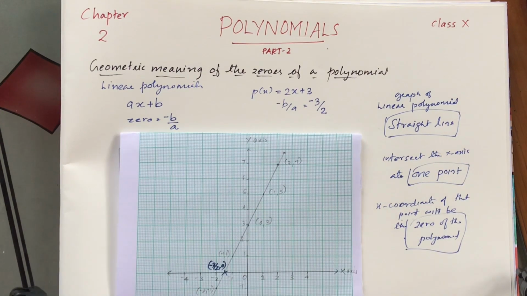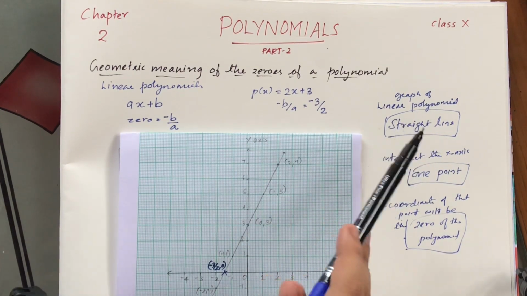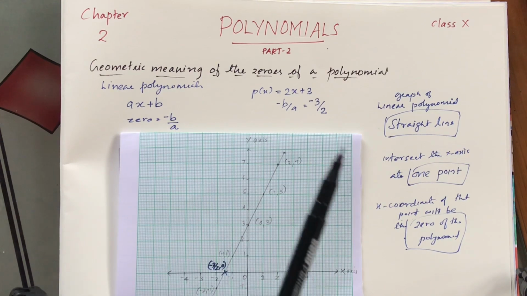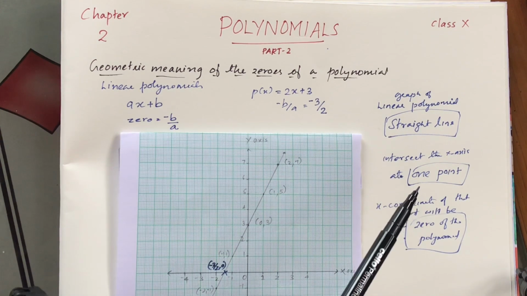Is it clear? So, the graph of a linear polynomial will always be a straight line and it passes the x-axis at one point, and the x-coordinate of that point will be same as the zero of the polynomial.